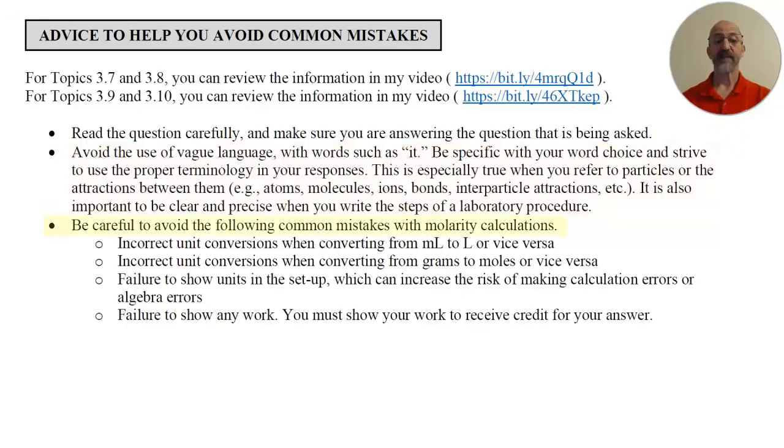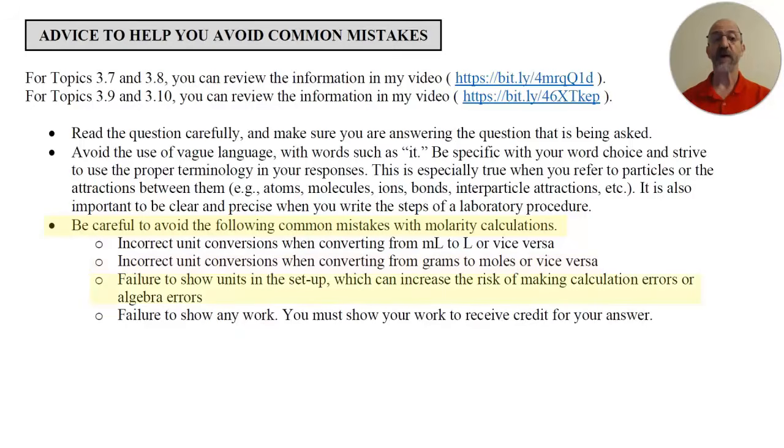My next piece of advice is to be careful to avoid the following common mistakes with molarity calculations, and we see this very frequently on the AP Chemistry exam. So students make mistakes with the following: incorrect unit conversions when converting from milliliters to liters or vice versa, incorrect unit conversions when converting from grams to moles or vice versa.